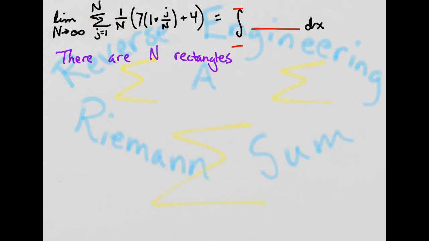It will always be after the limit, but you are looking for the width. If we see that, then delta x is equal to 1 over n. So the interval is that top number. Here it's 1, and so the interval is 1 wide.